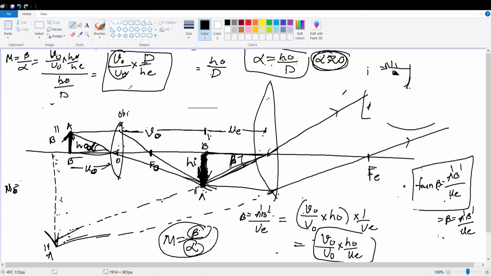D is the distance where the object is placed. And UE is where the object is for the eyepiece. So this is the magnification of the eyepiece lens. So you can write this one as MO and this as ME. So your final magnification of the compound microscope is nothing but the magnification of the objective lens into magnification of the eyepiece lens.